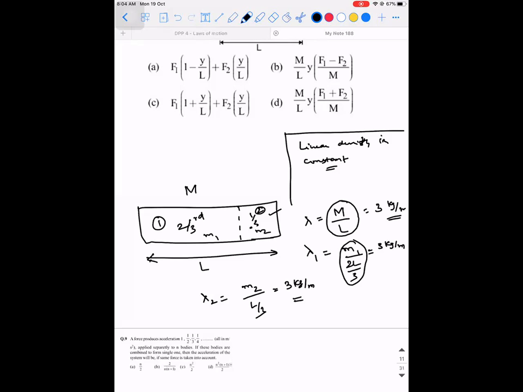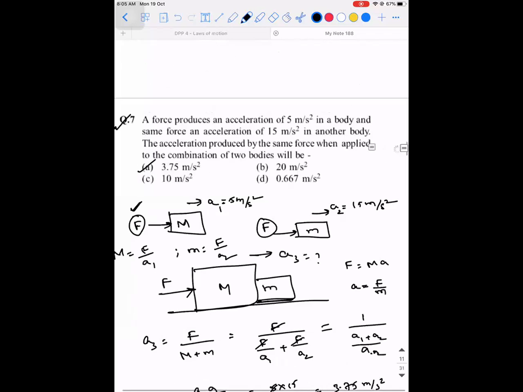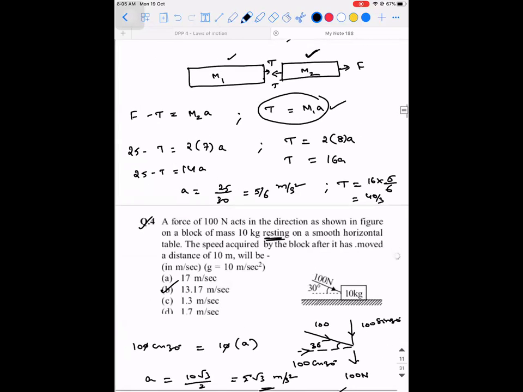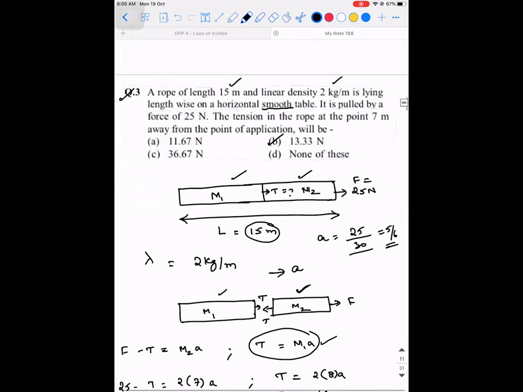Whenever you have the concept of linear density, like in the problems we did till now, when I told you 2 kilogram per meter, here it is a uniform density. So whenever you have uniform density, the problem is very simple. If you need to find the mass of a particular portion, what did we do till now?